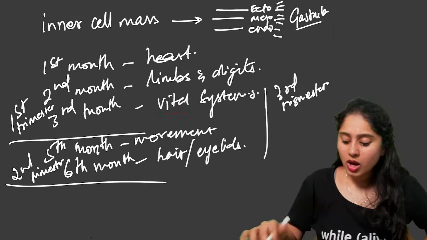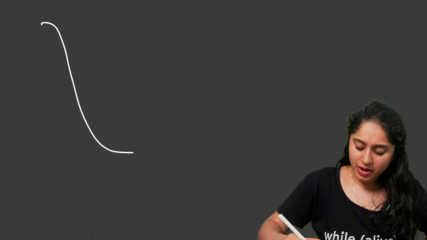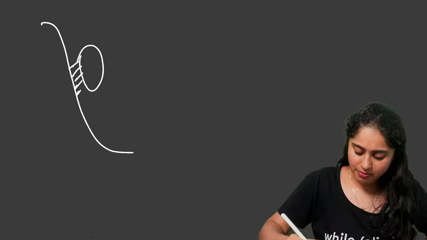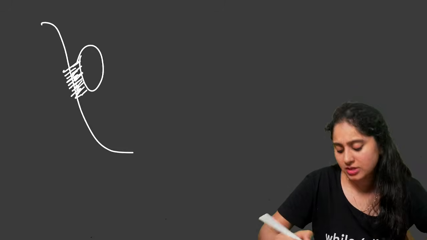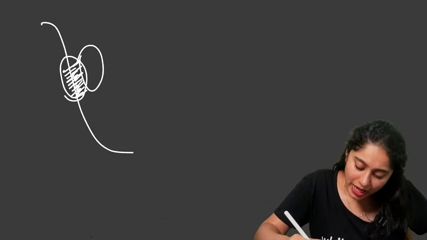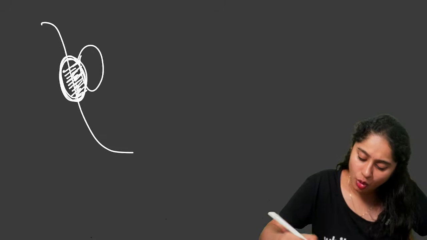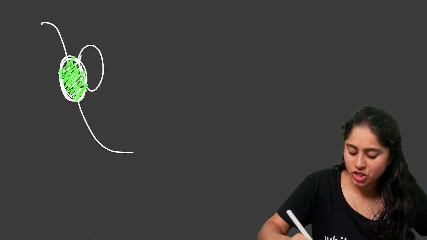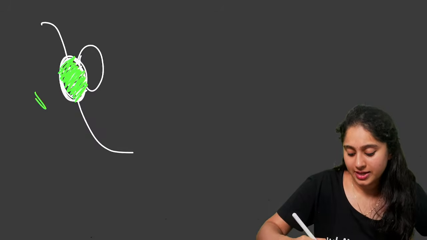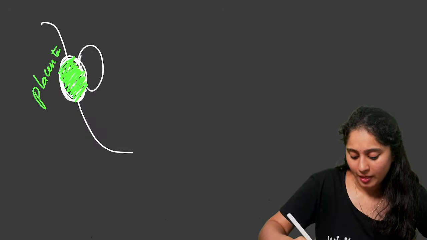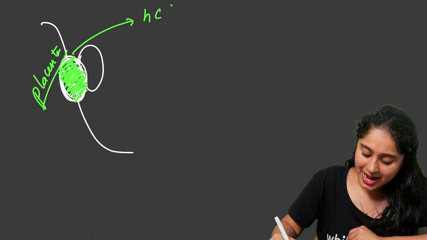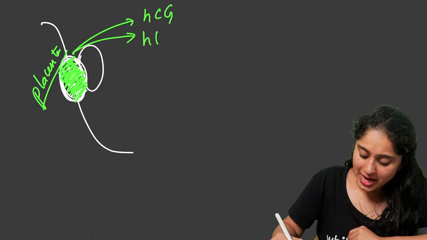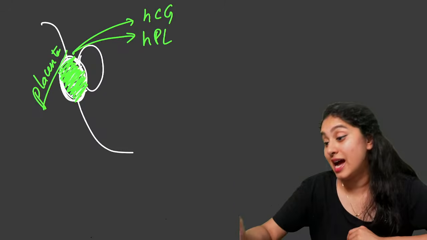Now when the baby is getting implanted, there are some tissues from the fetus and some tissues from the maternal side together, which build a new organ altogether, called the placenta. This placenta is going to produce HCG, and it will produce HPL, which is human placental lactogen.